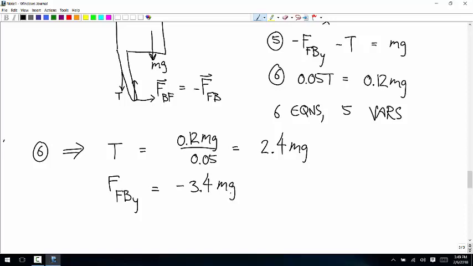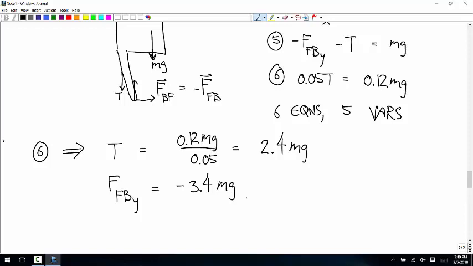So if you have problems with arthritis or something, that's the kind of thing that you would want to figure out, to see what kind of motions are going to be bad for the cartilage in your joint.